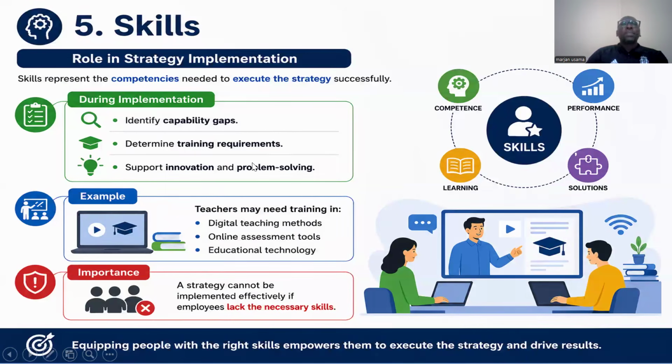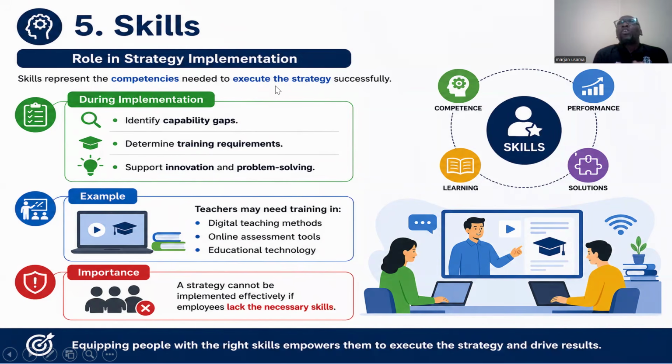Okay. Number 5, when it comes to strategy implementation, we have what is known as skills. What is skills? Skills here means al-maharat. You know, when you're talking about maharat, we're talking about competencies. So skills represent the competencies needed to execute the strategy successfully.